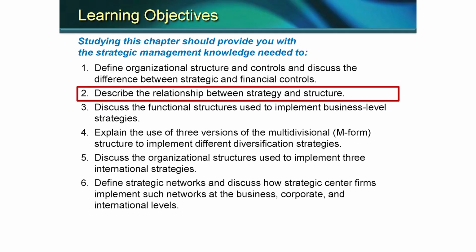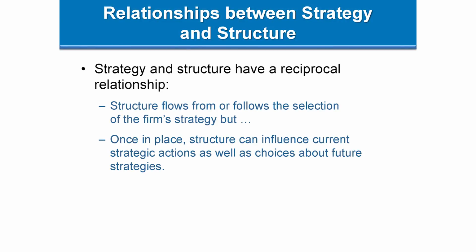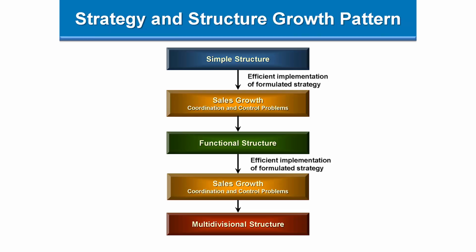As I mentioned earlier, it is critical for firms to match their strategies and organizational structures. Basically, the relationship between strategy and organizational structure is reciprocal, such that the initial organizational structure of the firm affects the strategy, and the strategy also affects future structure and strategies. The figure explains the growth pattern of strategy and organizational structure from simple structure to multi-divisional structures.